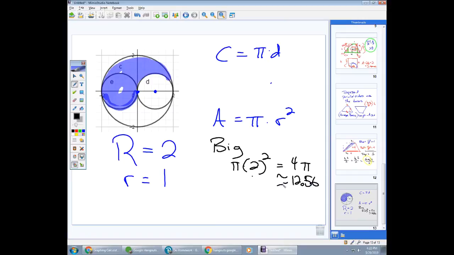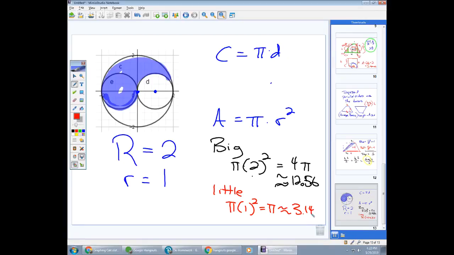The little one, let's do that in red, is pi times 1 squared, which is pi, about 3.14. And 1 pi goes into 4 pi's exactly 4 times.